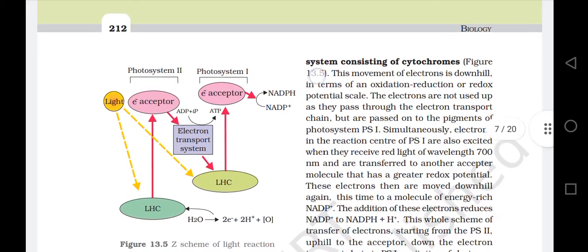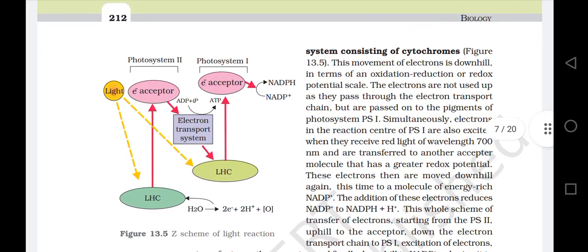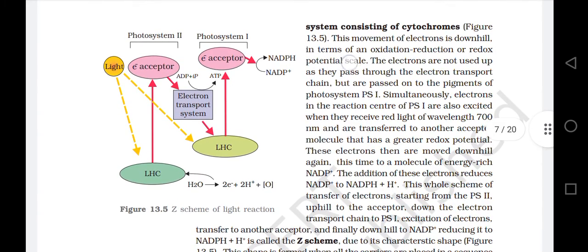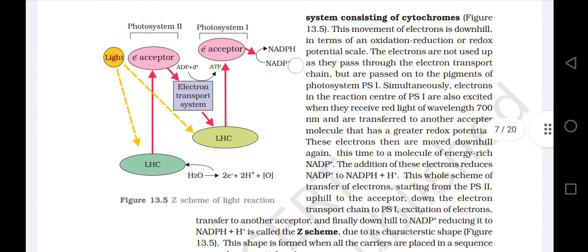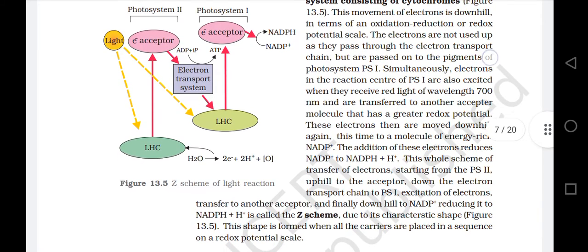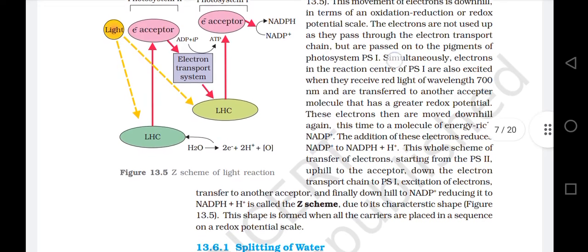Figure 13.5. This movement of electrons is downhill, in terms of an oxidation reduction or redox potential scale. The electrons are not used up as they pass through the electron transport chain, but are passed on to the pigments of photosystem 1, PS1.